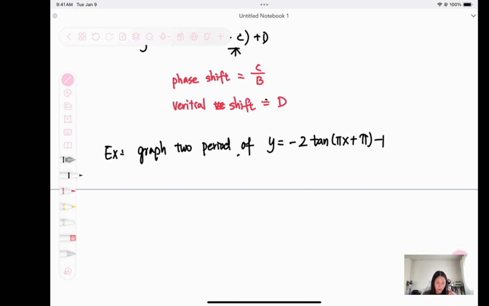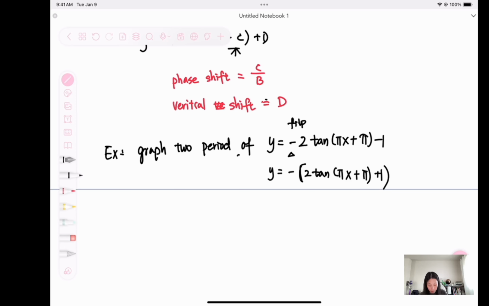Now, if we have a negative involved, do you remember what we do? We need to write the function as negative 2 tangent of (pi x plus pi) minus 1 first. We factor the negative out first. Or the other way to do it is we know that this is going to be a flip upside down.